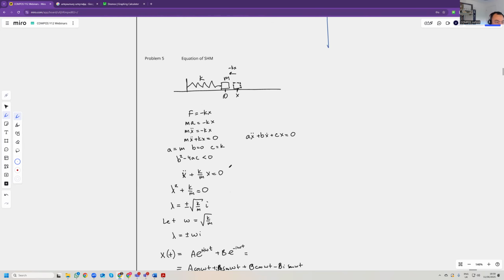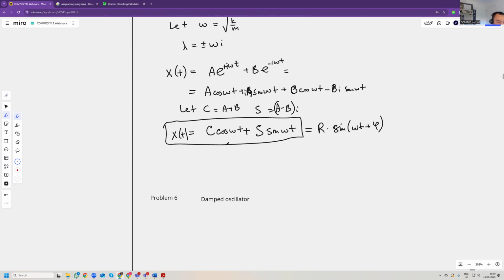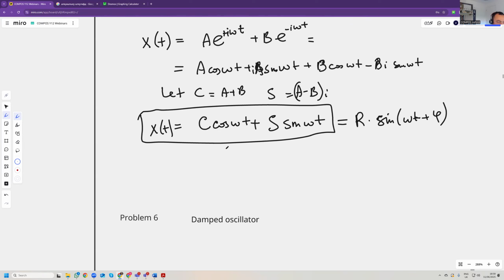Now, suppose we pull and release, yes, so the initial position of the mass is x equals a.